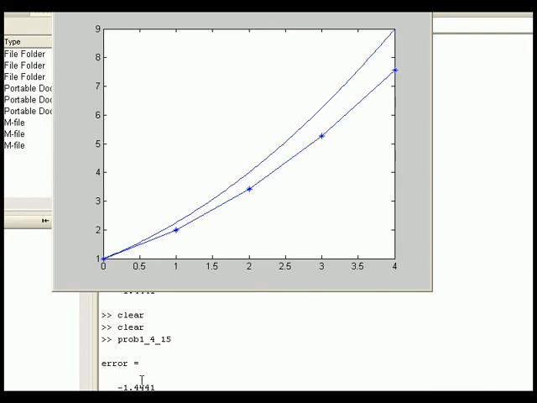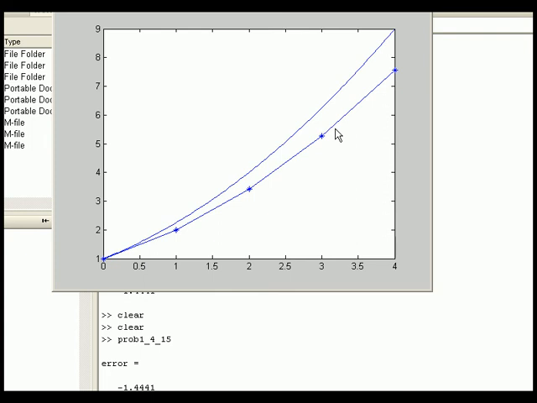And the error at the last point, since we know the exact solution is 1.44, that's the difference between this and this. So we took 4 steps of 1 each, and the solid line is the exact solution, 1/2 t plus 1 quantity squared, and this is the Euler method solution.